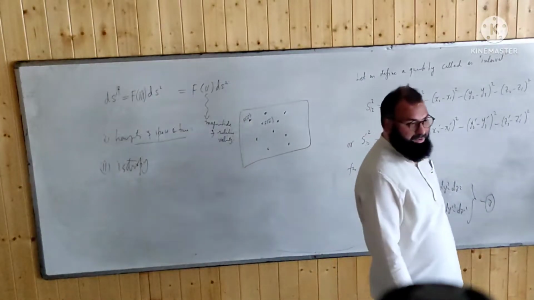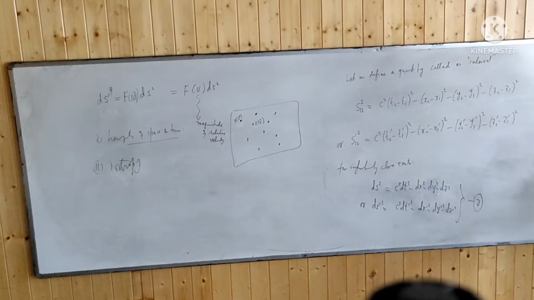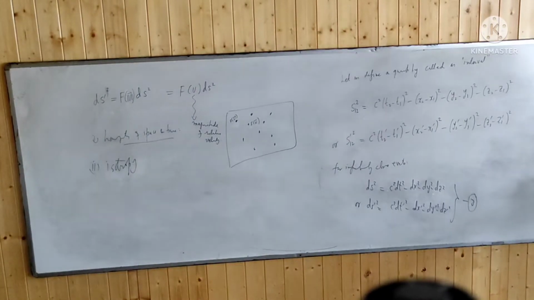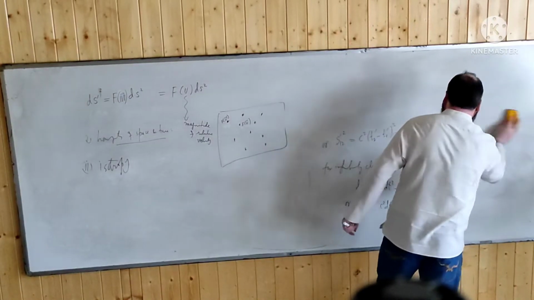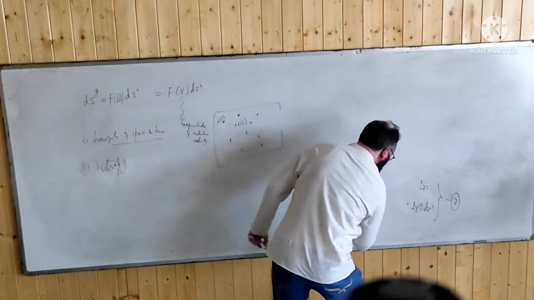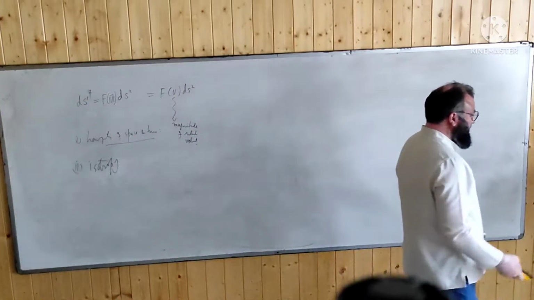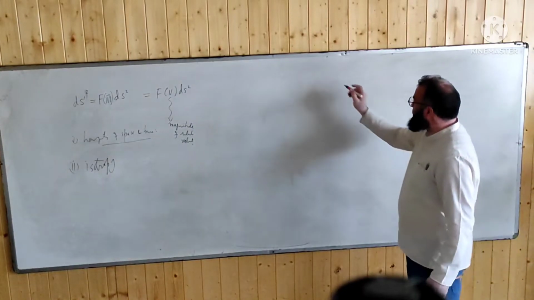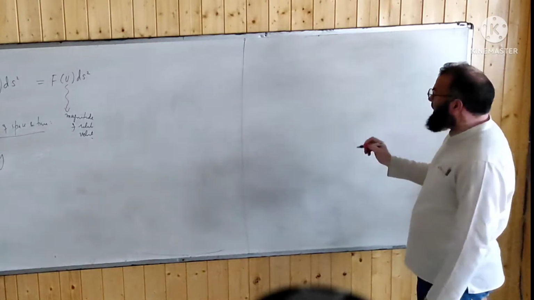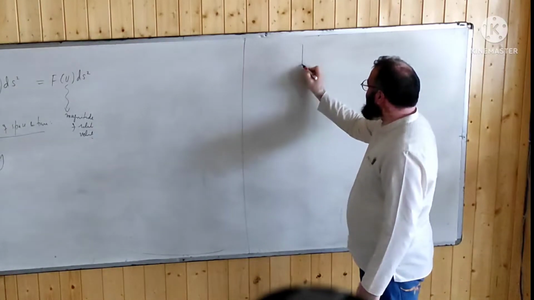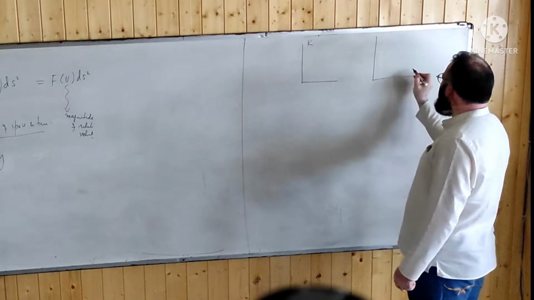Clear? We now need to figure out what this f of v is. Any question? So let's consider a frame K, and then a frame K prime.